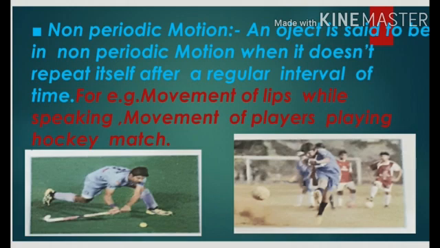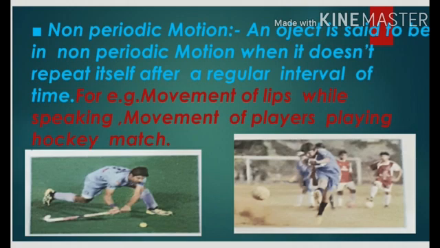And we can conclude that an object is said to be in non-periodic motion when it does not repeat itself after a regular interval of time. For example, movement of lips and players playing a hockey match or football match. All such examples are examples of non-periodic motion.